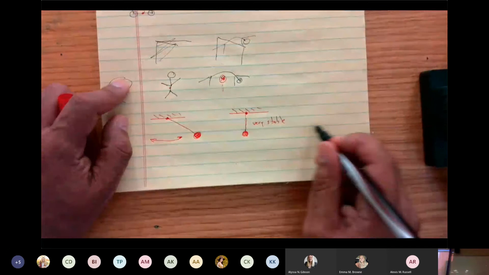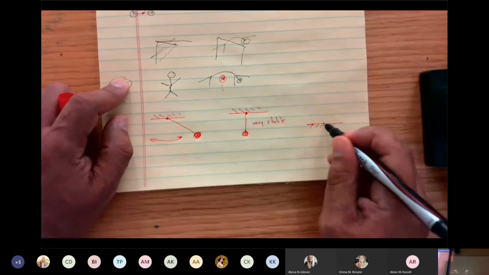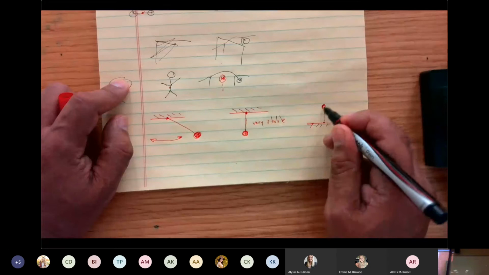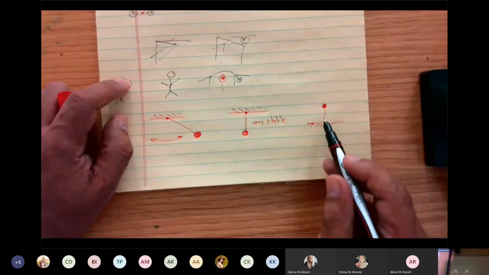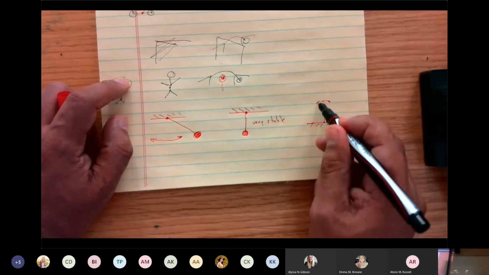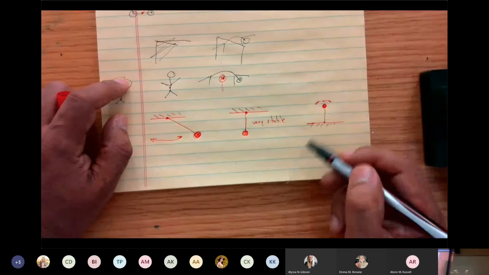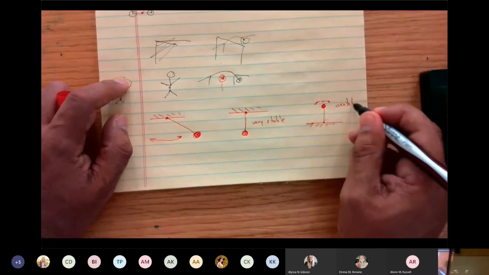You have a pivot point, and then you have the center of gravity exactly above. You can find an equilibrium point here, but if this mass moves just a little bit, it's going to fall. So this is an unstable position.